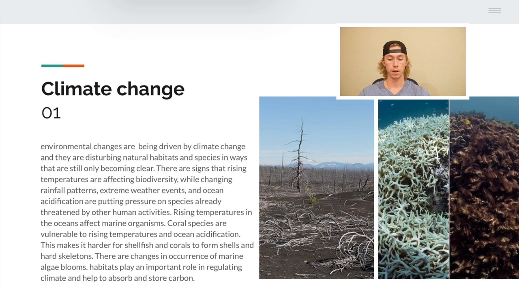And the coral and these clams and other shellfish also absorb a lot of carbon, and if they die out because of ocean acidification, then they cannot absorb as much carbon, which leads to further problems.